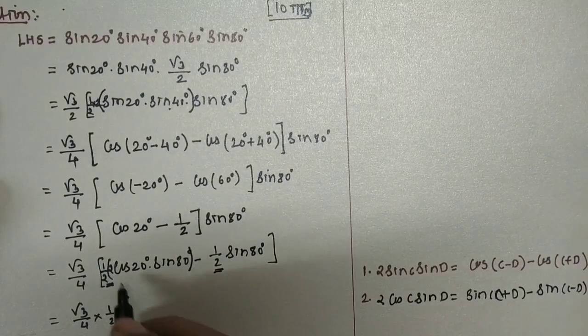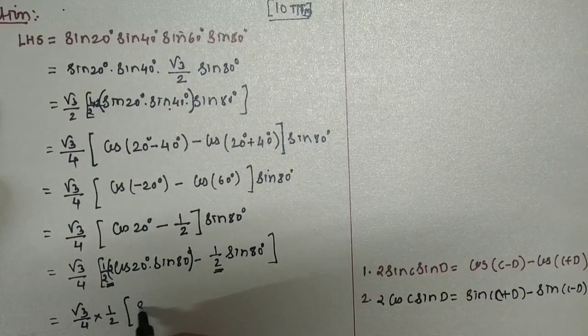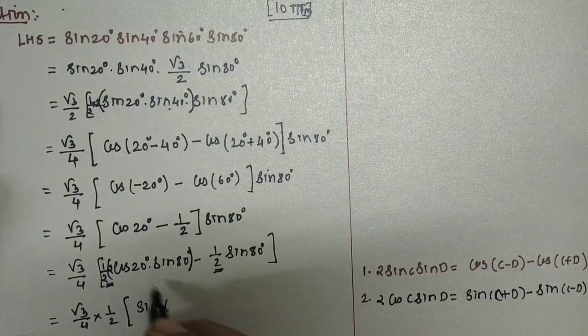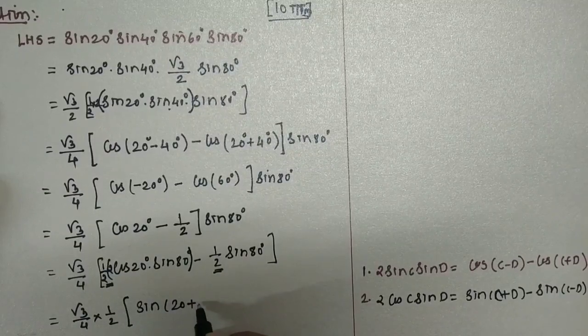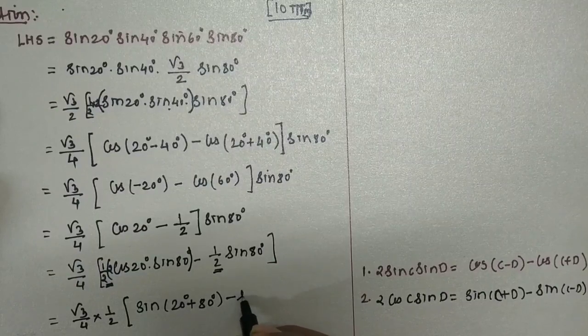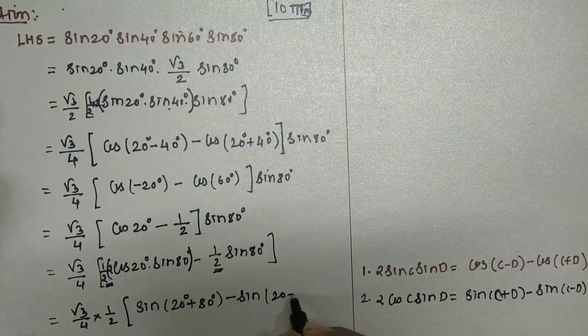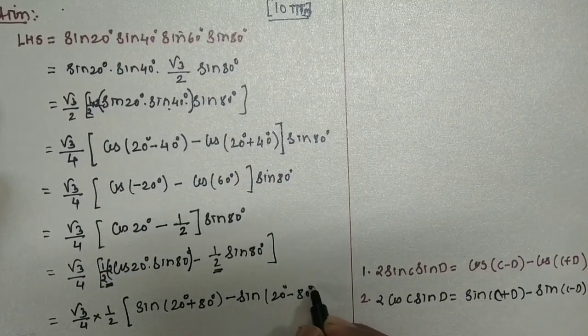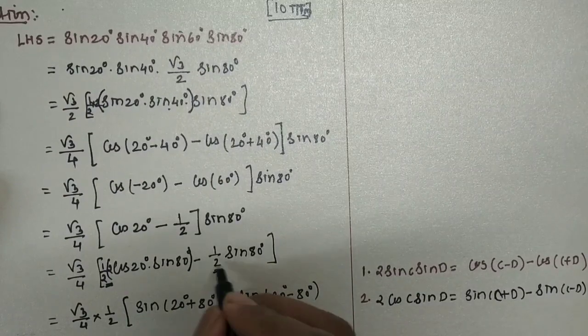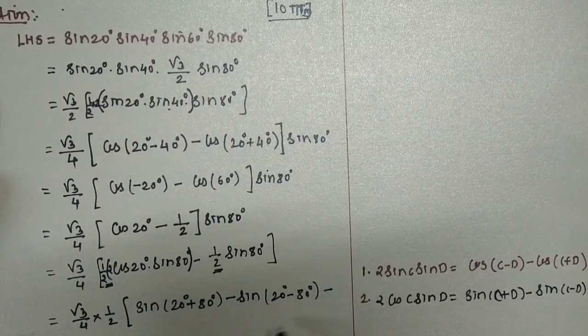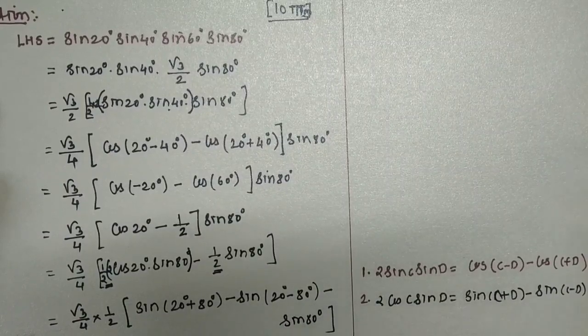So what will you get from this? C means 20, so sin(20 plus 80) minus sin(20 minus 80). And from this, the 1 by 2 I have taken outside, so we have minus sin 80 degree.